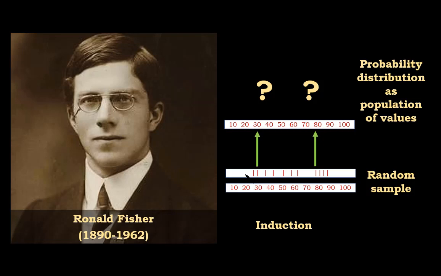And so basically you can say perhaps these values here are very probable from a distribution with a mean of 30. This one is probable from a distribution with a mean of 80. But it's very complicated. It's more complicated than that.